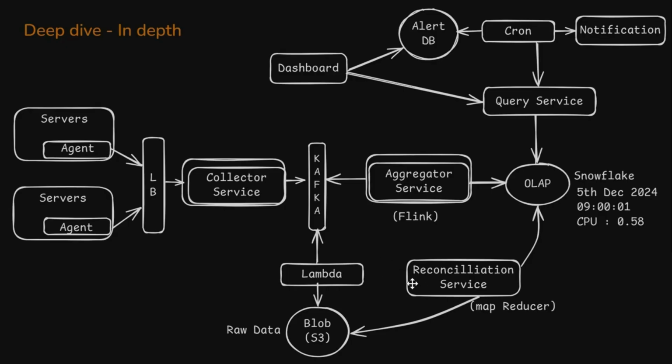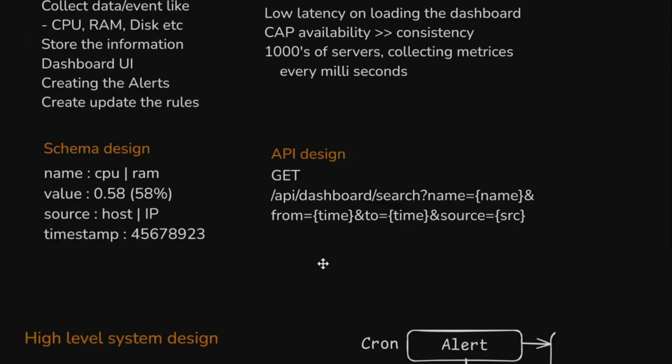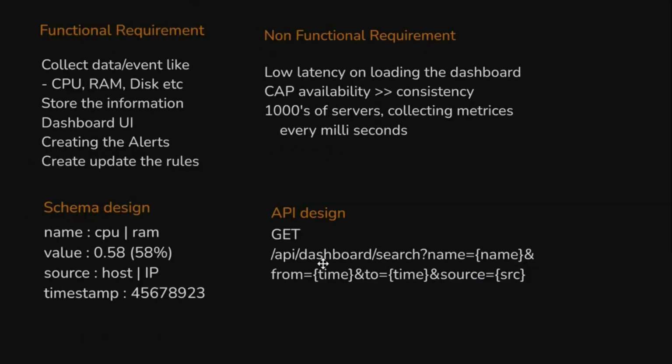Let's check all the functionalities are satisfying, or have we missed any of the core functionality. Collect the data, store information, dashboard, rules, creating the rules, availability, aggregations, and this is the schema how we are aggregating. And yeah, coming back to this API, so now you see that you have started with one API, but for creating the rules you need more APIs.